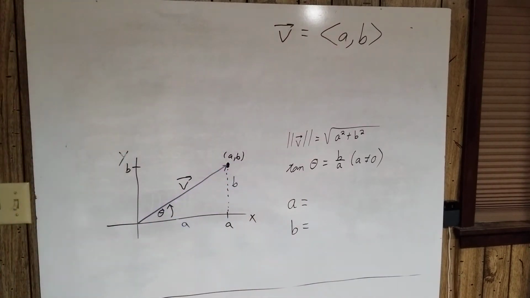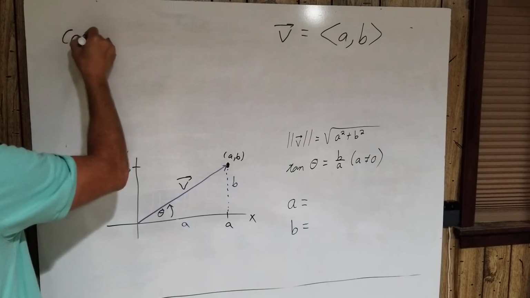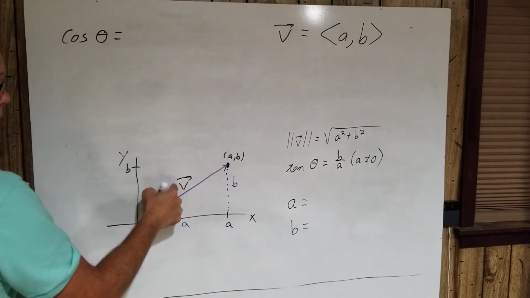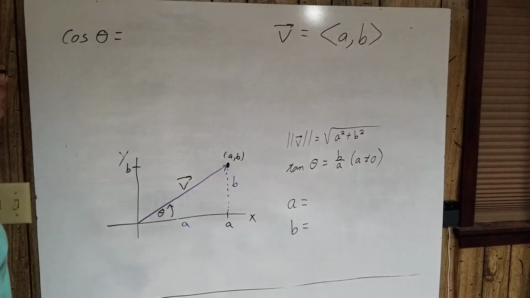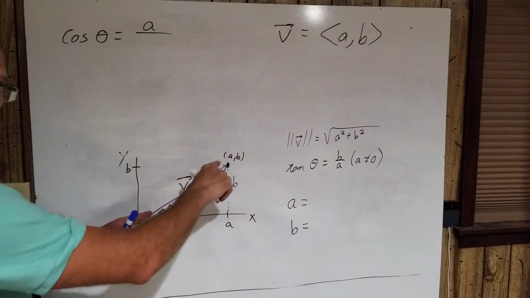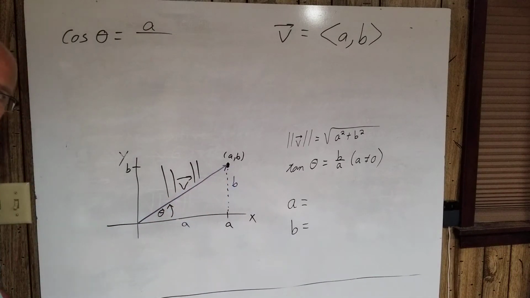Alright, so let's look at this triangle and use some trig functions. What if I think about the cosine of theta? Wouldn't the cosine of angle theta in this triangle be a over this hypotenuse right here? And this is actually the magnitude of vector v, isn't it?